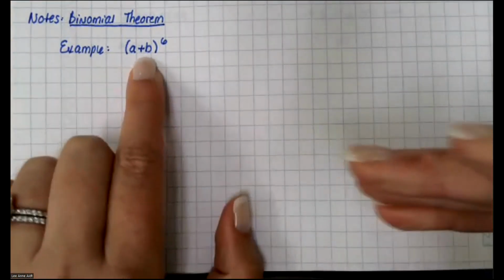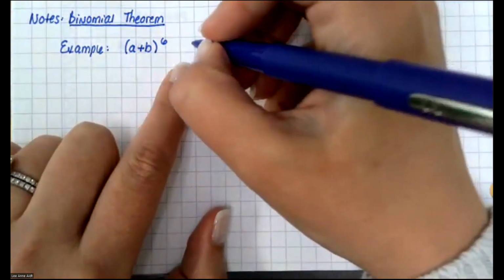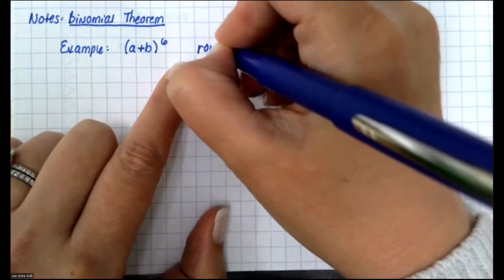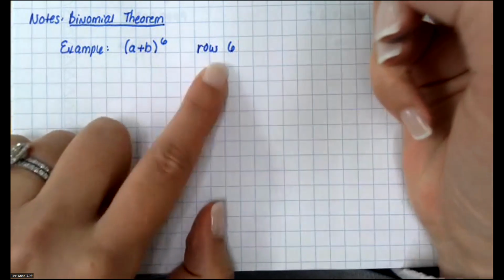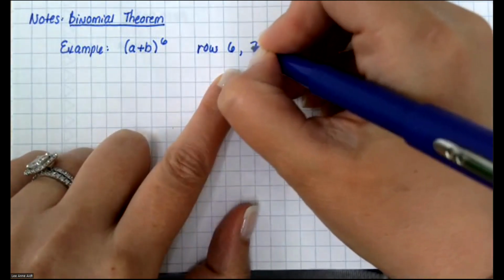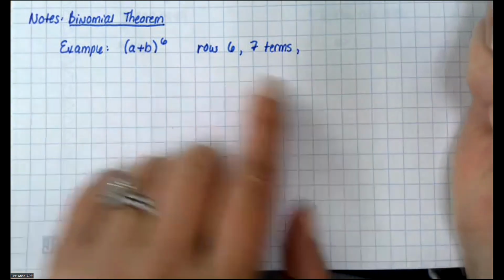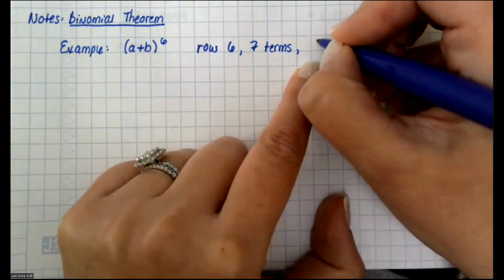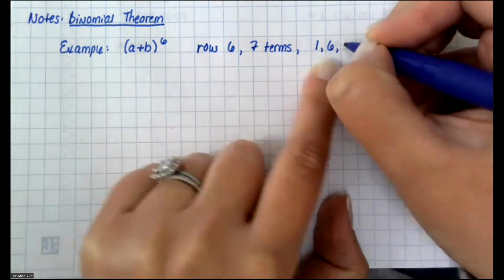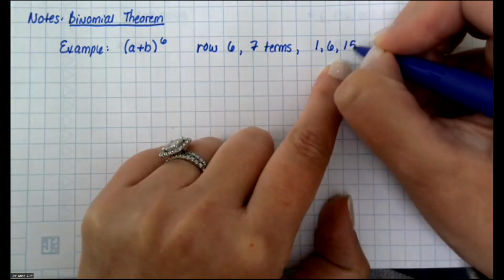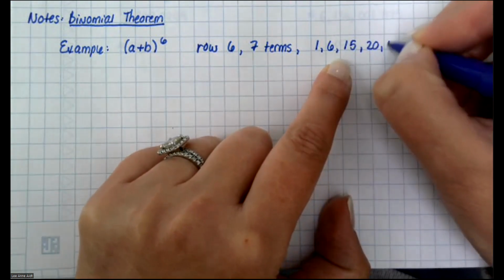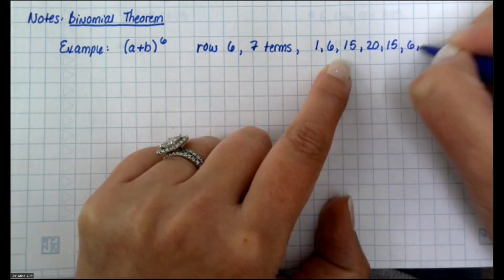Last one. First, what row am I in? Row 6. How many terms will there be? 7 terms. What are the leading coefficients? 1, 6, 15, 20, 15, 6, 1.